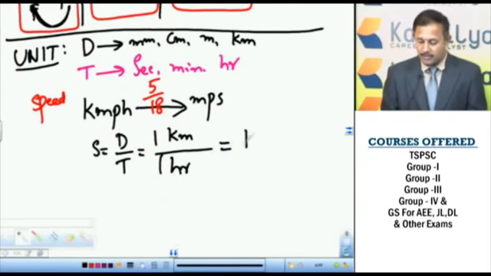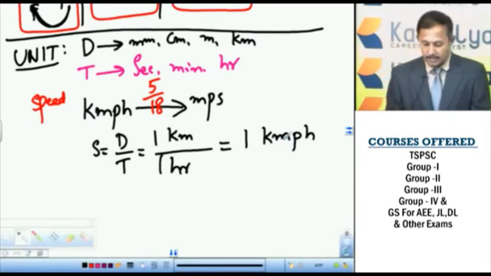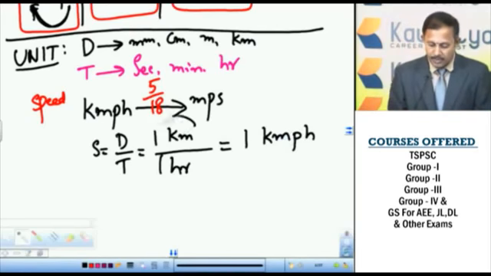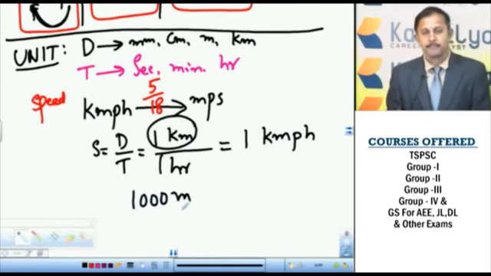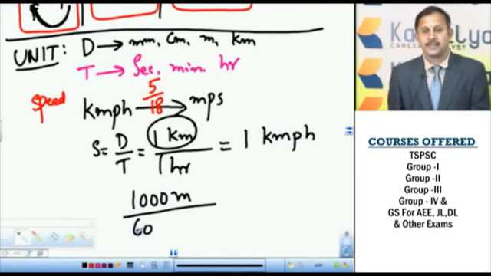So naturally the speed will be equal to 1 kilometer per hour. But as we all know, 1 kilometer can be taken as 1000 meters. Next, 1 hour is equal to 60 minutes, which in turn is equal to 60 seconds.